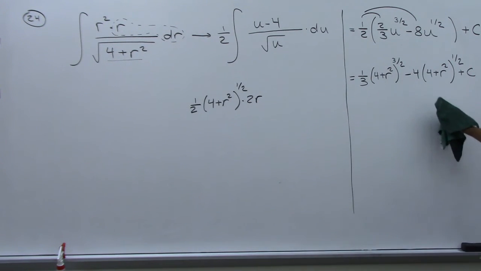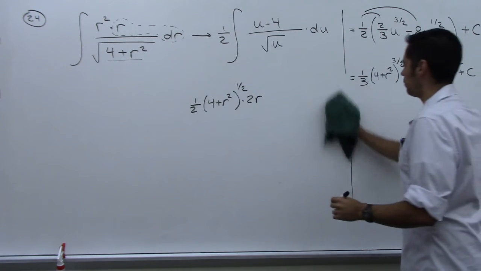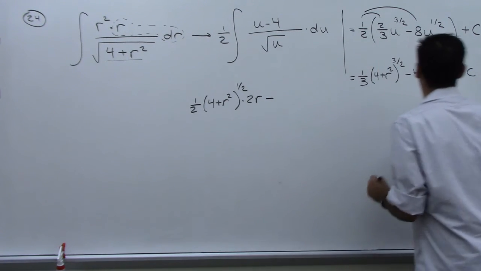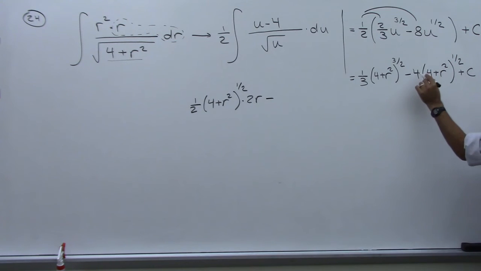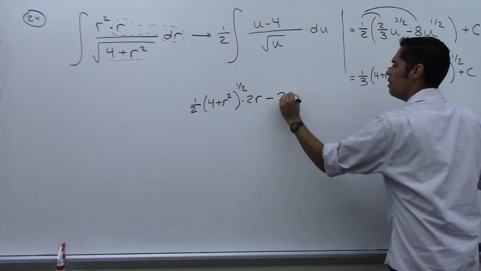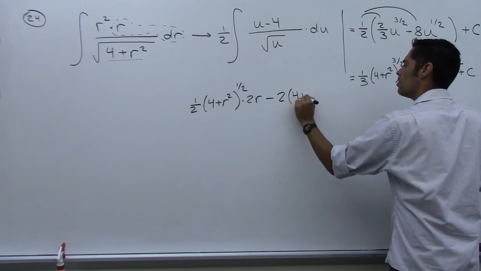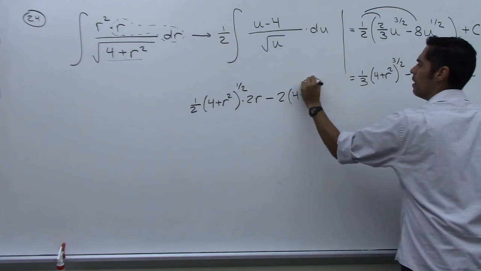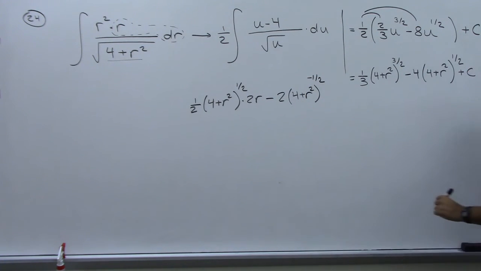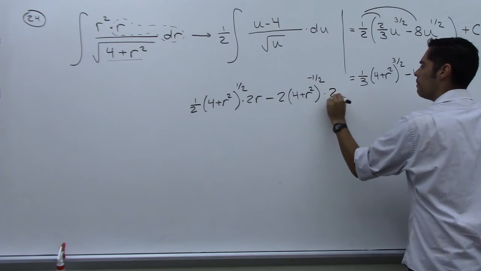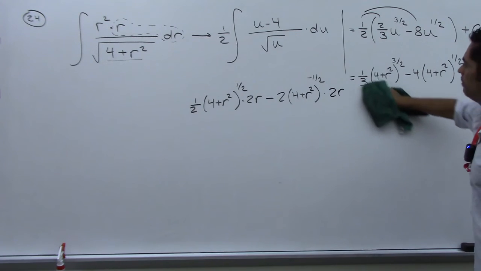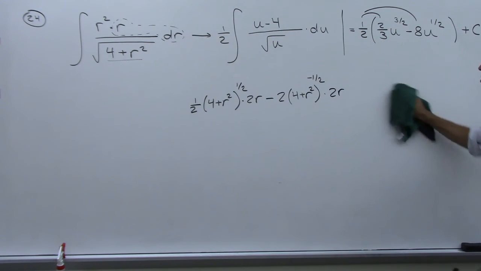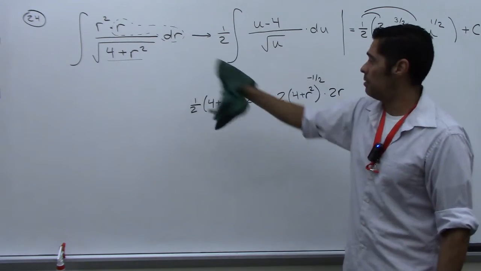And then I'm going to subtract from that the derivative here. Okay, 1/2 comes out, hits the 4, that becomes a 2. Then it's the 4 plus r squared. And I subtract 1 from that, so that's negative 1/2. And then times the derivative of what's inside, which is 2r. And I'm done with the derivative. Now let me clean it up because we want to verify that it's equal to that.